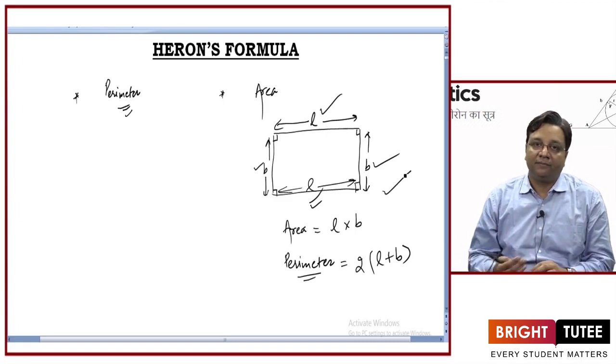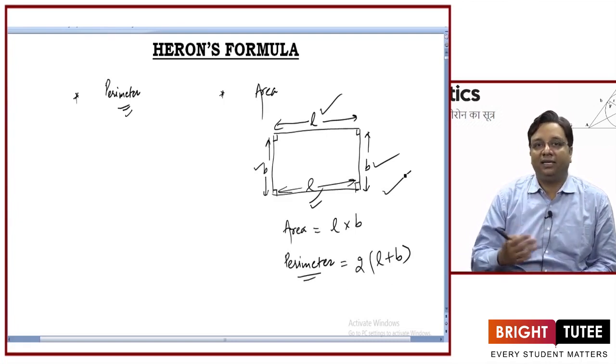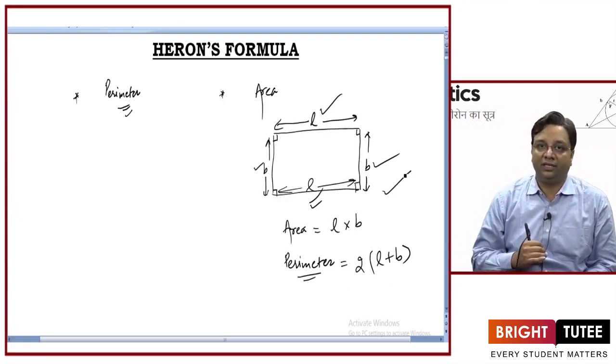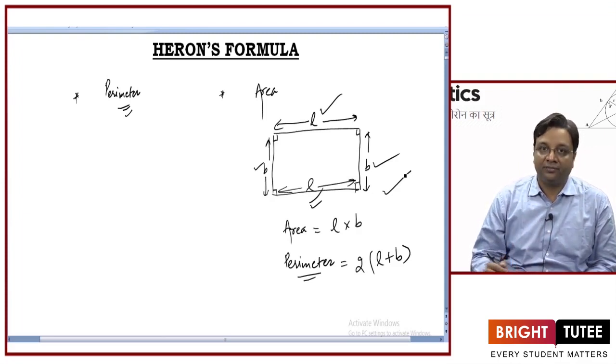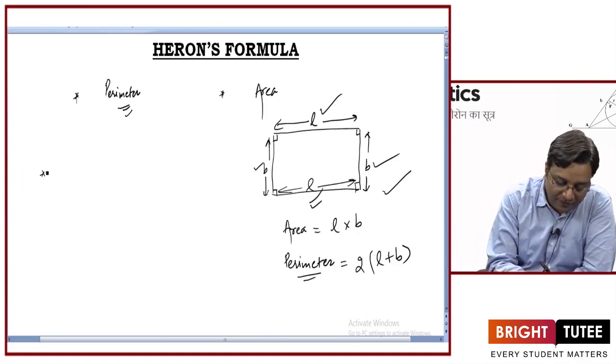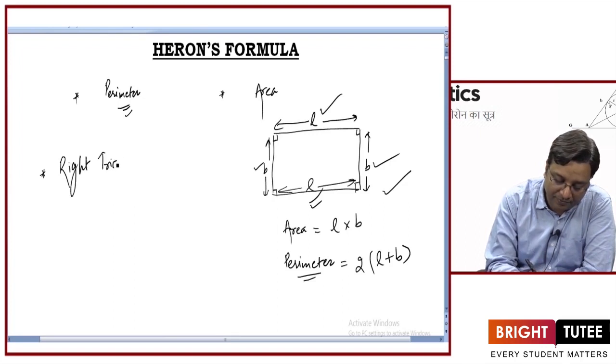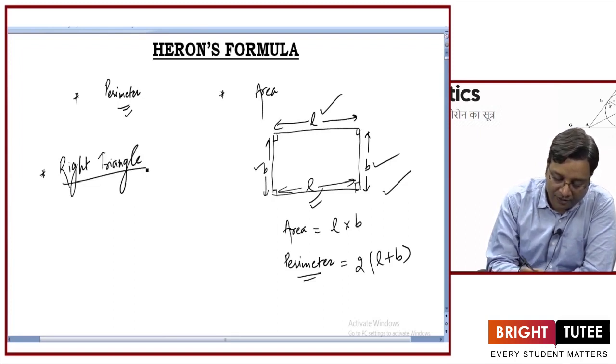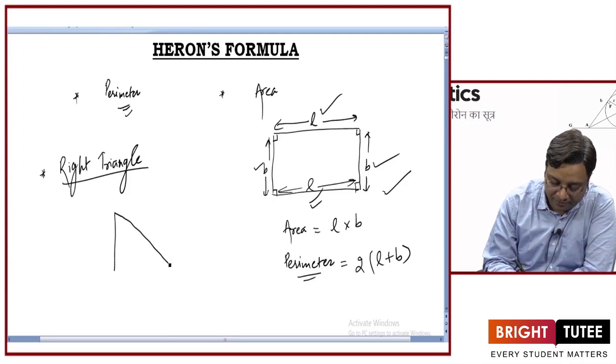Similarly, we can find the perimeter and areas of various geometrical figures, and we have learned the formulas for all these figures. Now, let us talk about triangles. Let us say you have got a right triangle, the triangle in which one angle is 90 degrees.